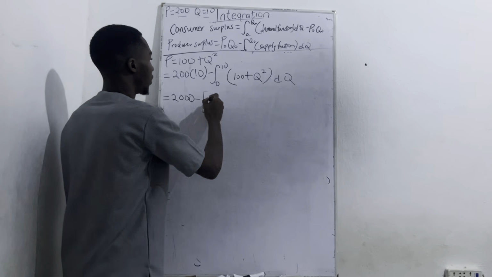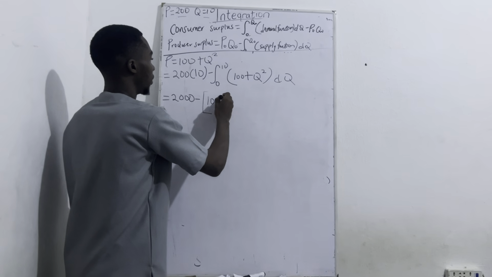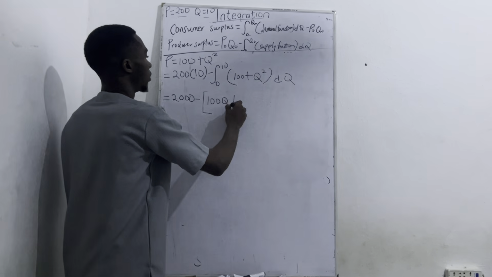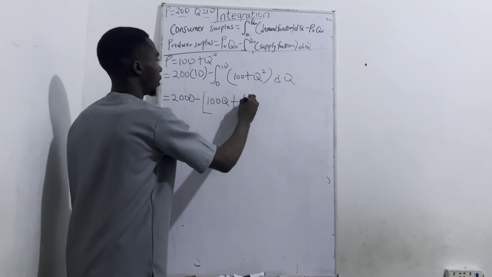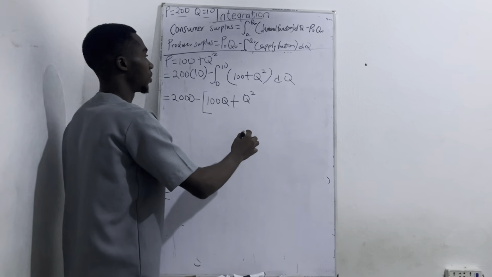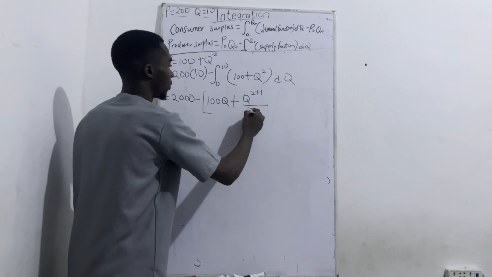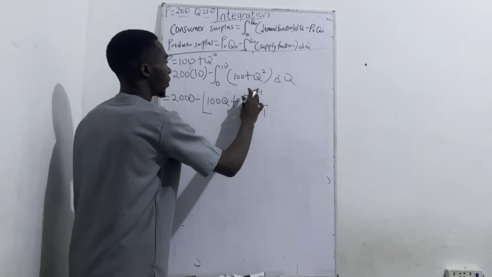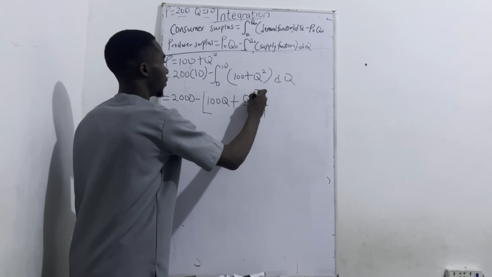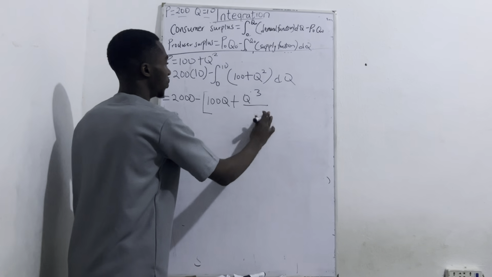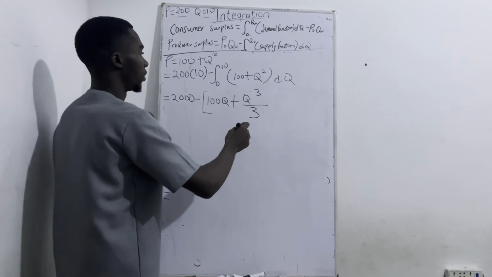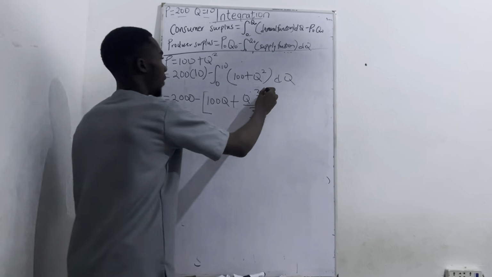If you're integrating 100, it's the same as 100Q, right? You add the variable, then plus Q squared. You're integrating Q squared, so you add 1 to the exponent, so it's 1 over 2 plus 1. 2 plus 1 is 3. So Q cube over 3, right?